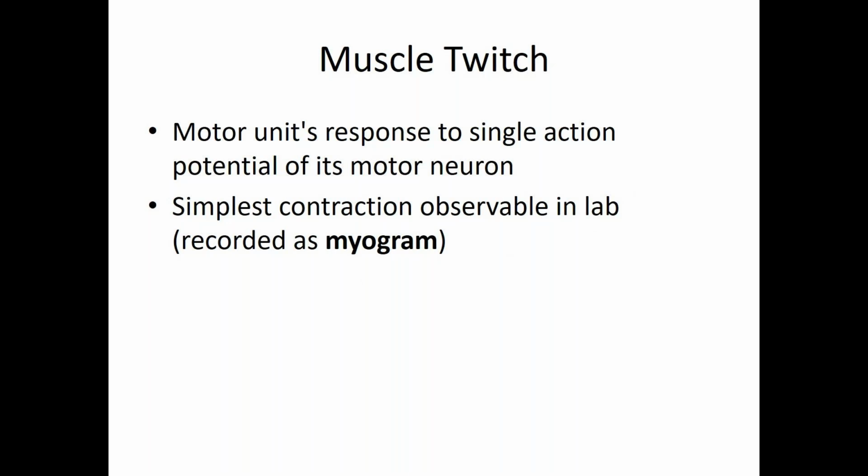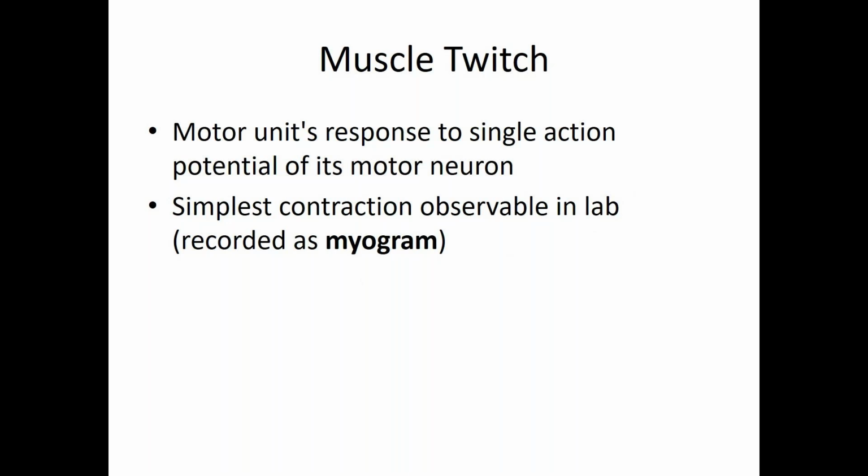In reality, you never get one action potential. You get 2 or 3 or 100. You never get just one. So that makes this kind of a lab-only situation. But we can use this to understand how real-life contractions actually happen.